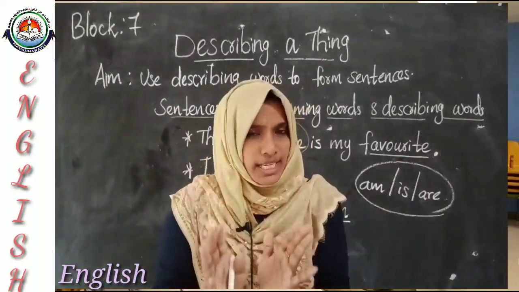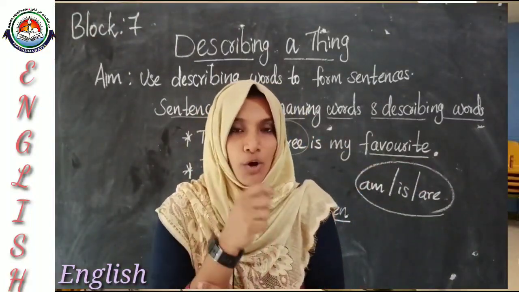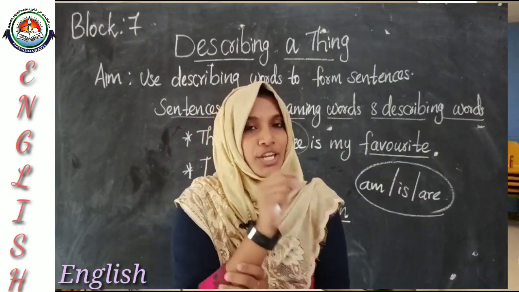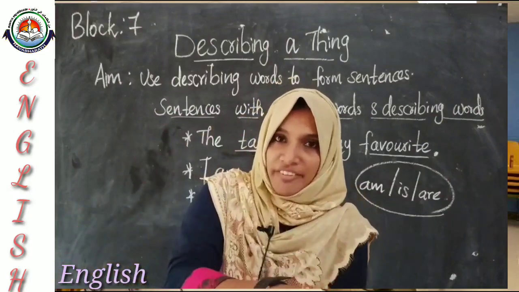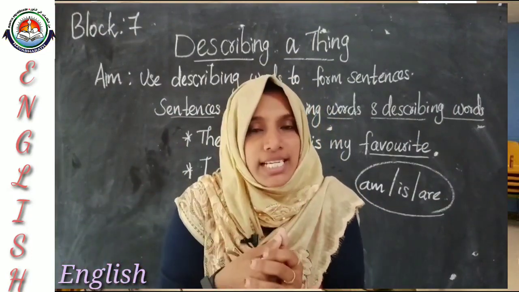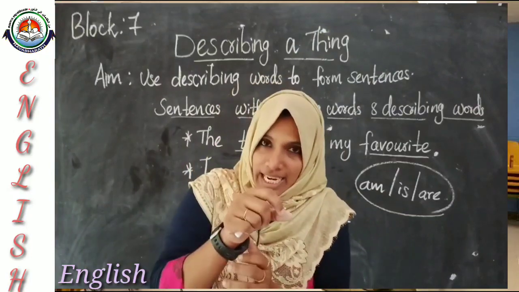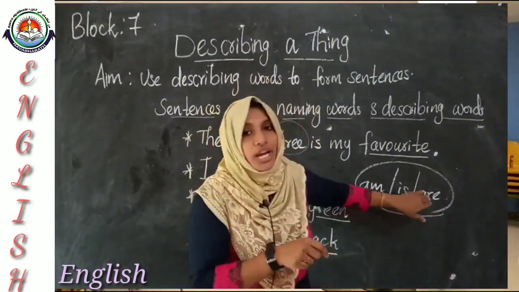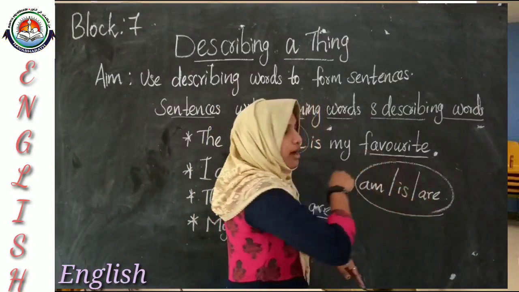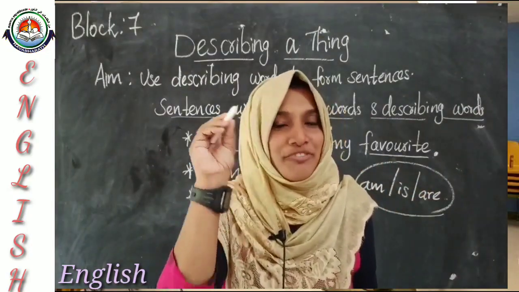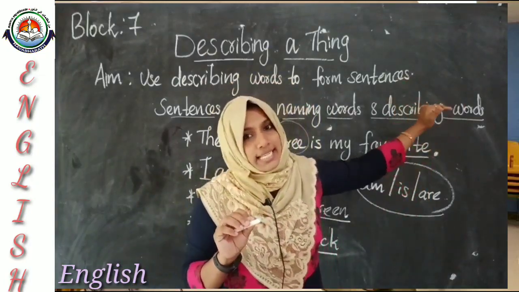So dears, you can try to make more sentences by using paper chits. How will you make them? First of all, you have to sort out the naming words, and after that you will use some describing words matching your naming word, add some more words like am, is or are, and at last put a full stop. So in this way we can make a complete sentence.